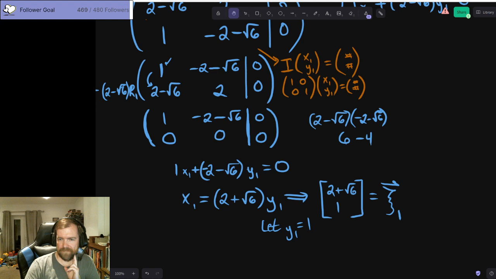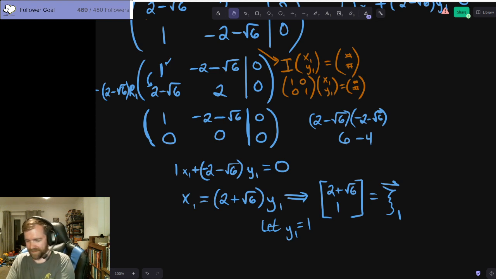We have a direction. Well, we know what direction that is because the vector is pointing in the direction of root 2 plus root 6, 1. We can just plot that vector, and that would be our positive sloped vector.